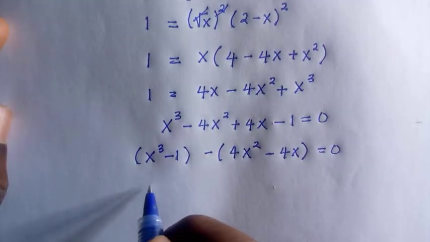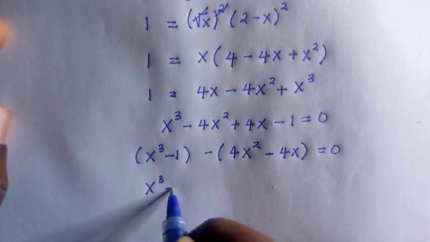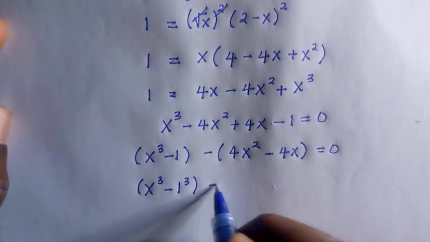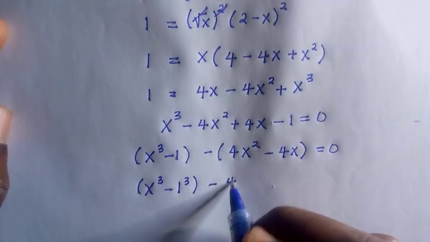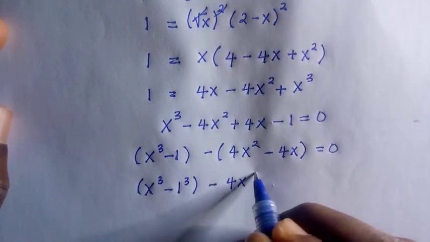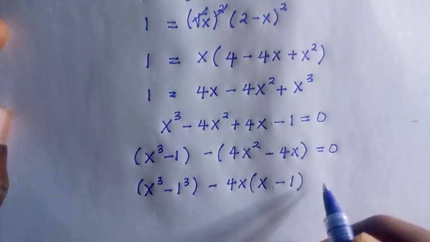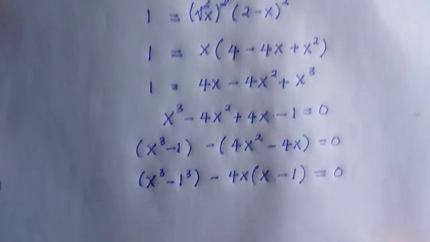Then we write this as x to the power of 3 minus 1 to the power of 3, minus 4x. When we take it out and divide, we are left with x minus 1 equals 0.